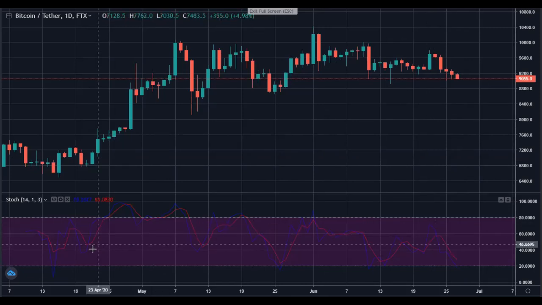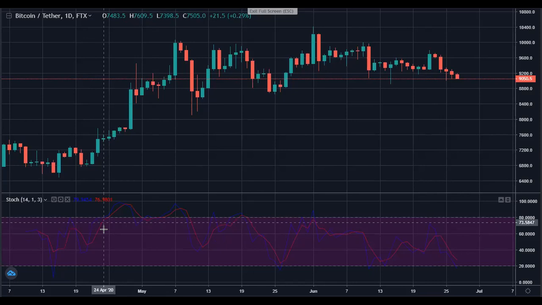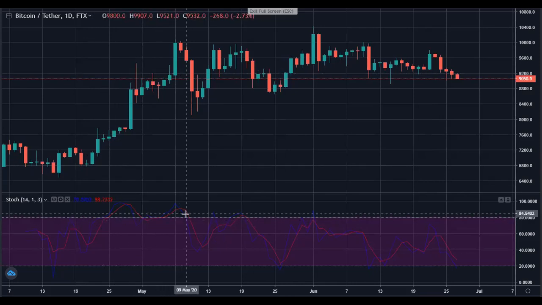The next thing I want us to consider is the positions of the red and the blue lines. These two lines play a pivotal role, because the price being at, or either of the lines being at, the overbought or the oversold region is not a guarantee that the opposite move will start occurring.